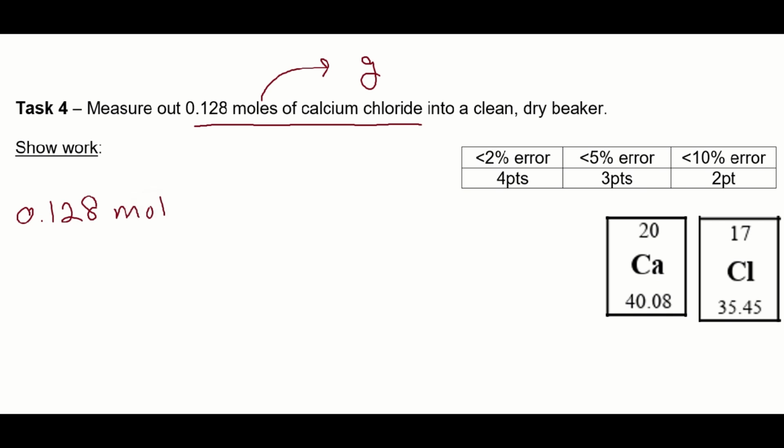Now actually, before we do that, let's get the formula unit for this ionic compound. Calcium forms 2 positive cations and chlorine forms 1 negative anions. We'll crisscross these numbers to get the ratios in the formula unit. So the formula for calcium chloride is CaCl2. So let's actually get the molar mass.